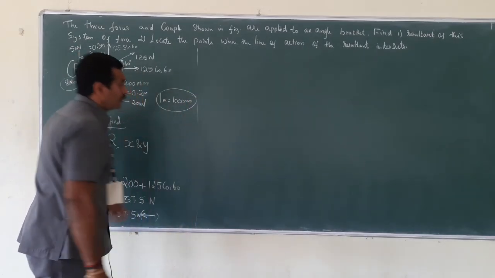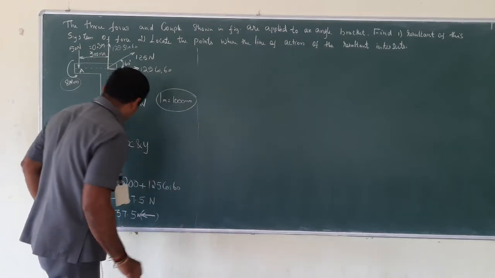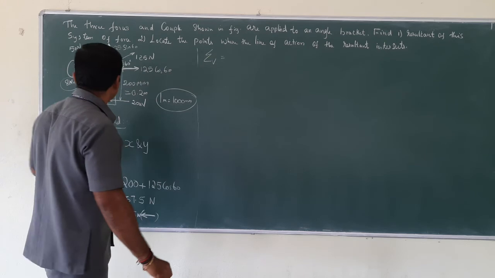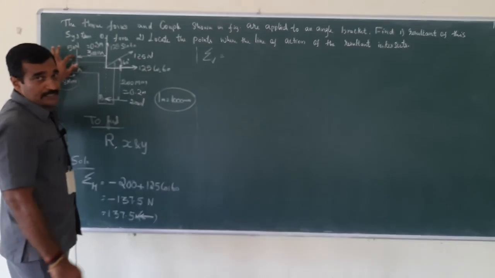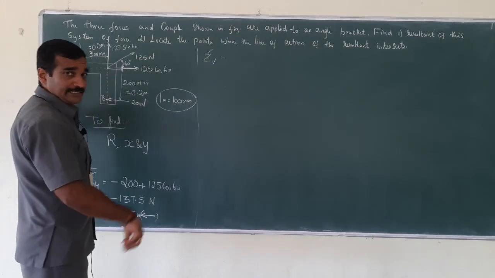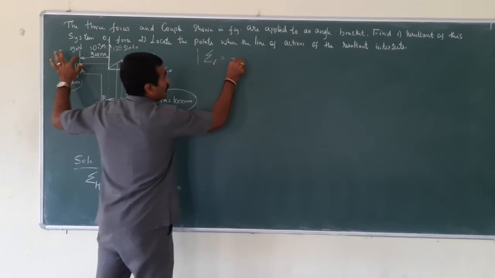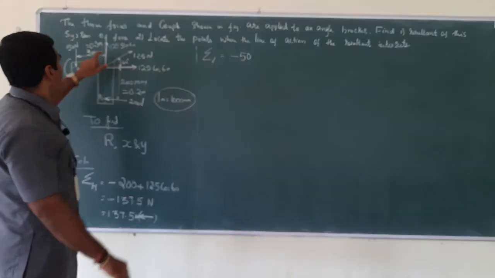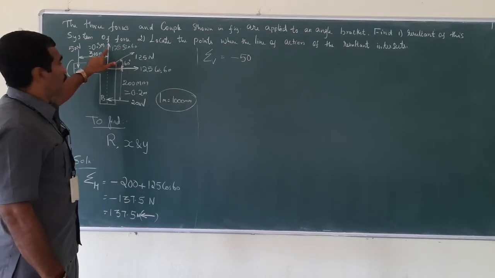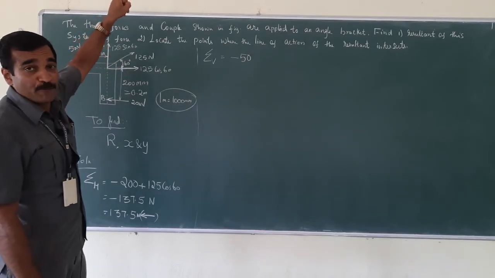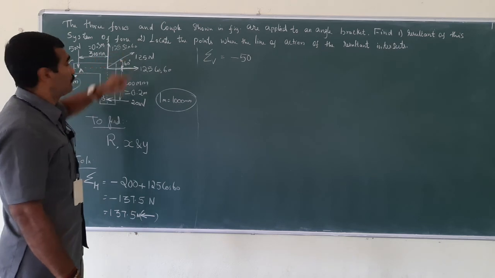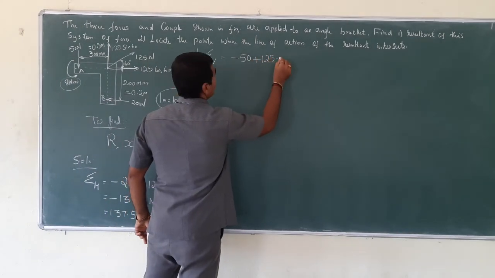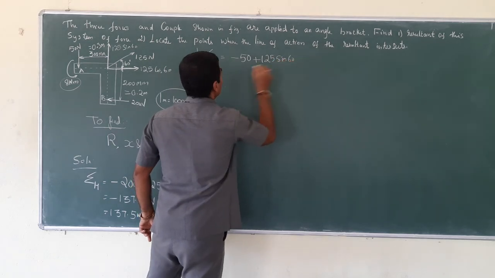And I am going to resolve the vertical forces here. Sum of vertical forces equals, how many vertical forces are there? Here the 50 Newton is acting in the negative direction, minus 50. And this vertical force is acting vertically upwards with magnitude 125 sin 60, so plus 125 sin 60.